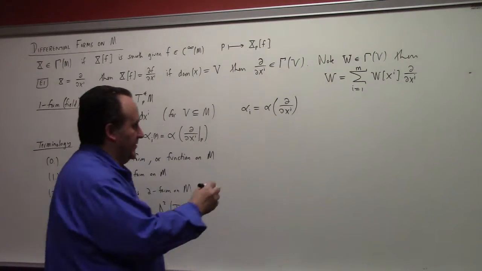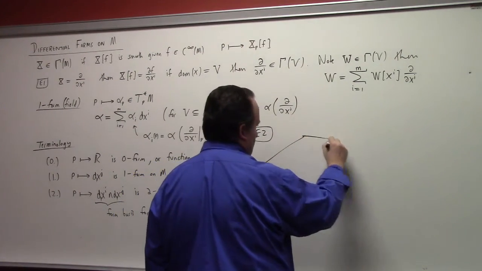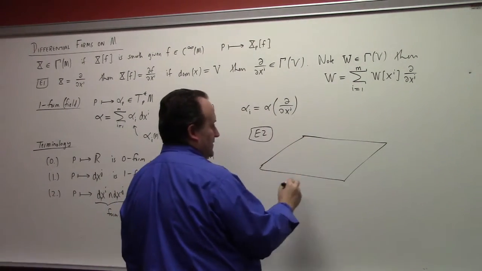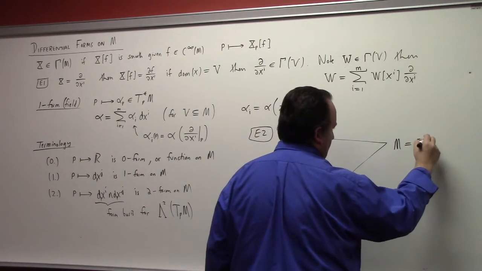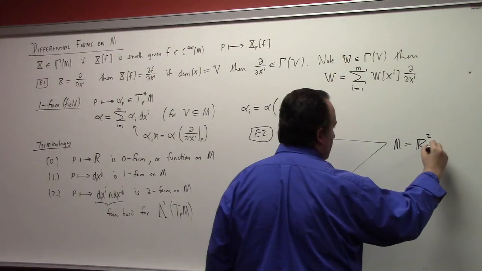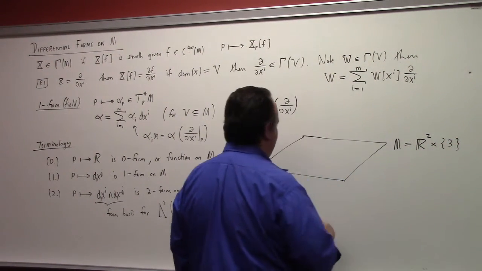Yeah, let's see here, how can I say this? Maybe an example would be helpful. All right, so suppose my manifold is R2 Cartesian product with 3, okay?